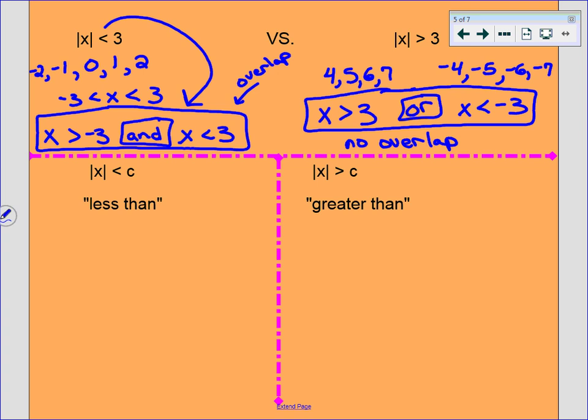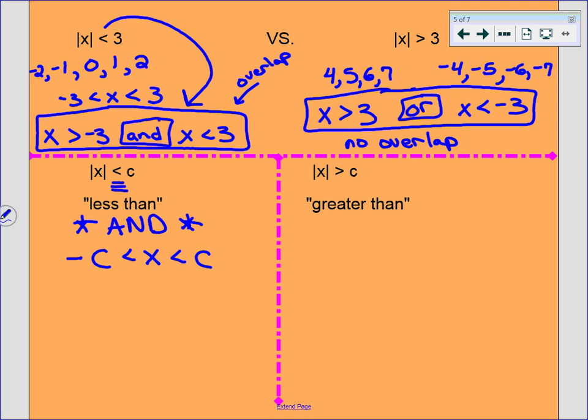So you might think, well, how does this apply to the inequalities that we're trying to solve? If you have a less than in your equation, it means it's an and equation. So your process to solve this is going to be: whatever your c value is, whatever number comes after your sign, x has to be less than that c value, and greater than the negative c value.